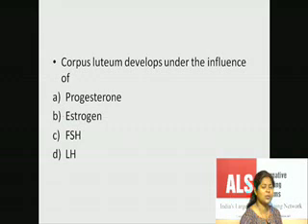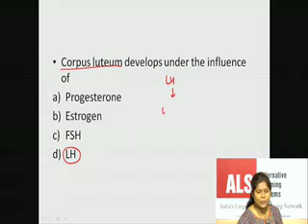Why progesterone? Corpus luteum releases progesterone. If the question would have been corpus luteum releases which hormone, then your answer should be progesterone or estrogen. Corpus luteum is always and always formed because of LH. Why? Because LH causes ovulation of Graafian follicle.